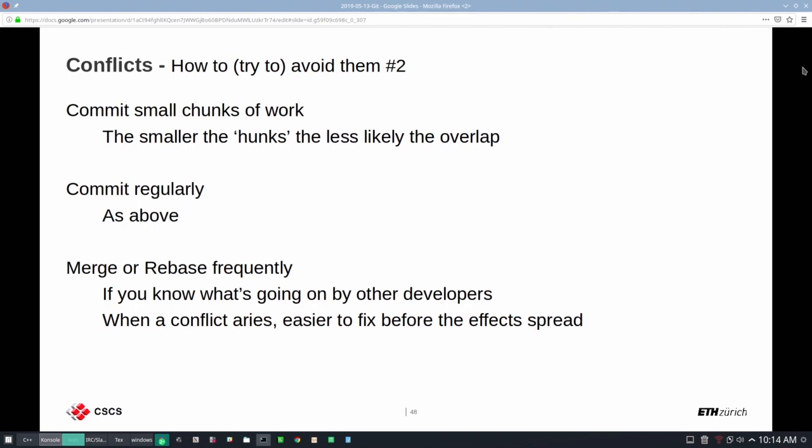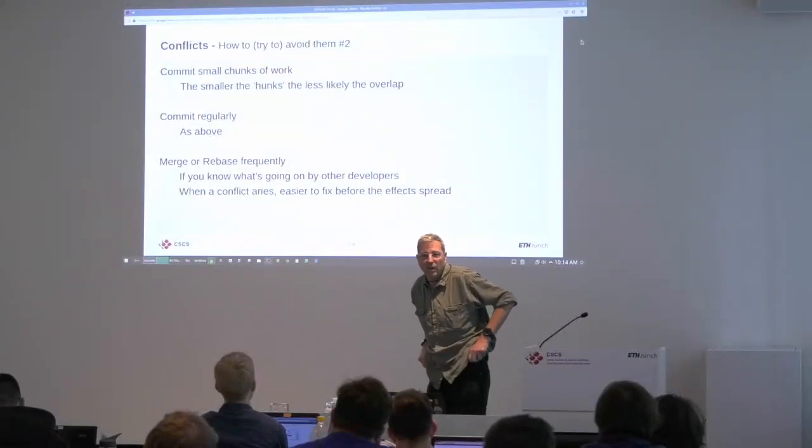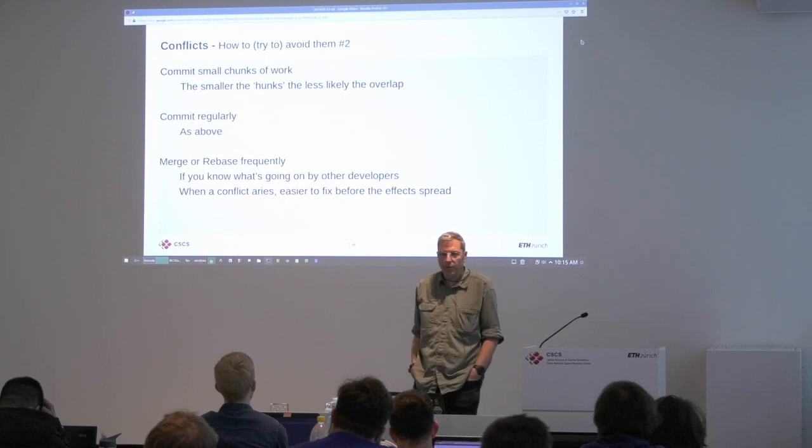Commit small chunks of work frequently and often. That's my system. I've got some branches which go back to 2016, I think. I've got some really long-lived branches, and it's really hard to keep those up to date.